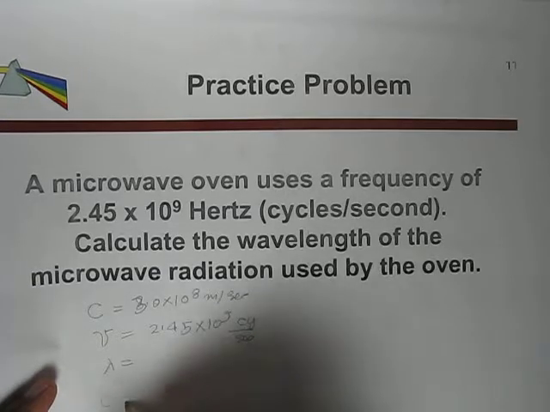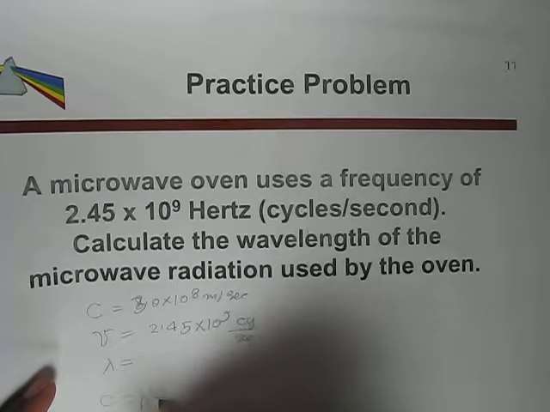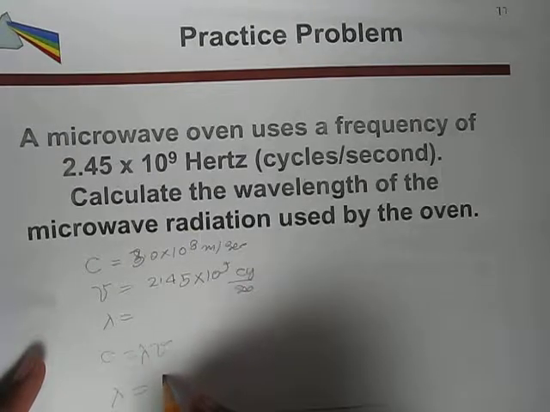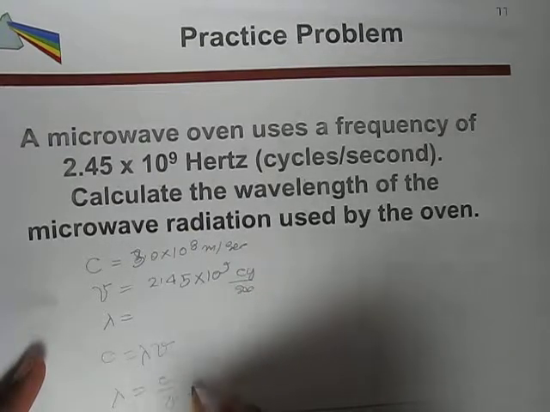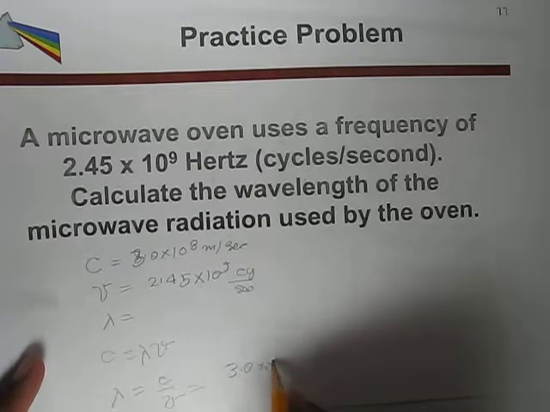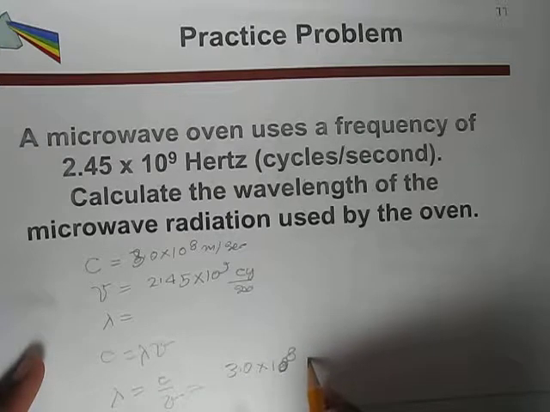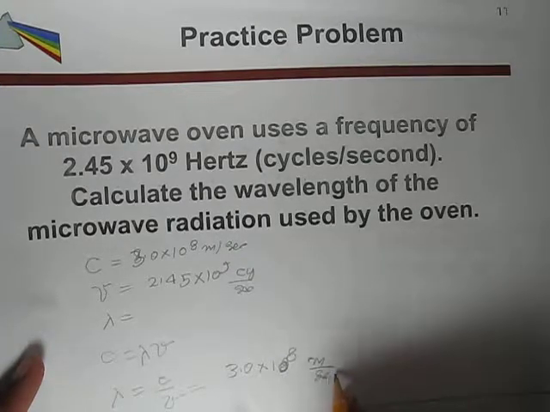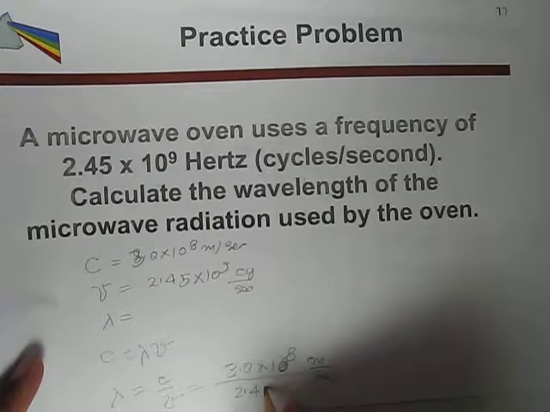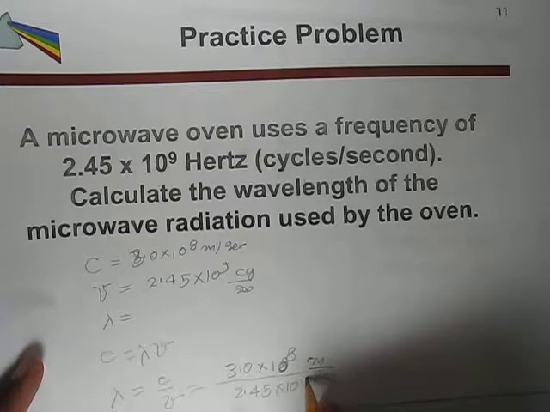So c is equal to lambda nu, and when I rearrange this, lambda will be equal to c over nu. c is the speed of light, 3.0 times 10 to the power 8 meters per second, divided by 2.45 times 10 to the power 9 cycles per second.